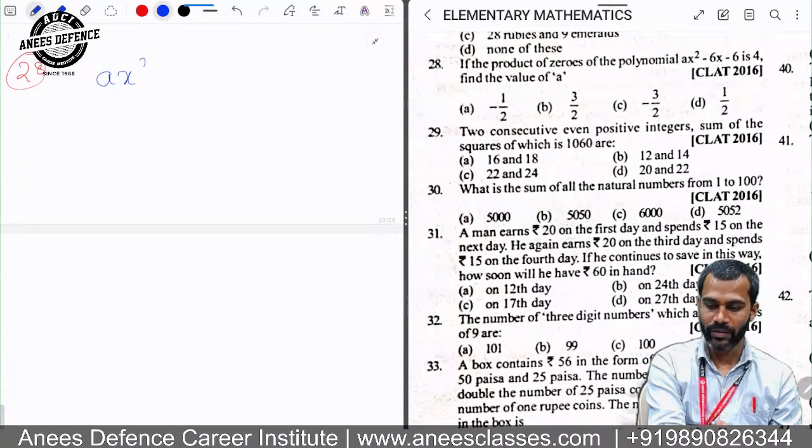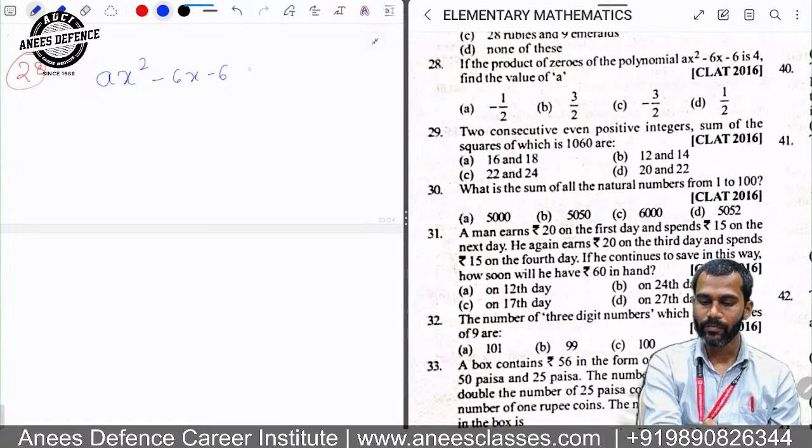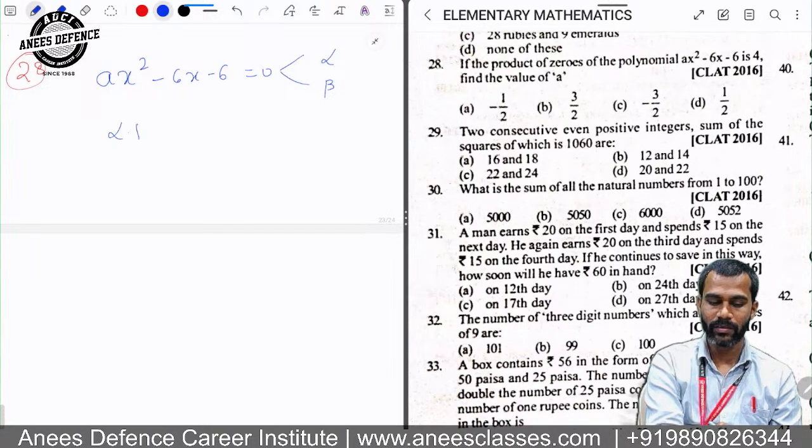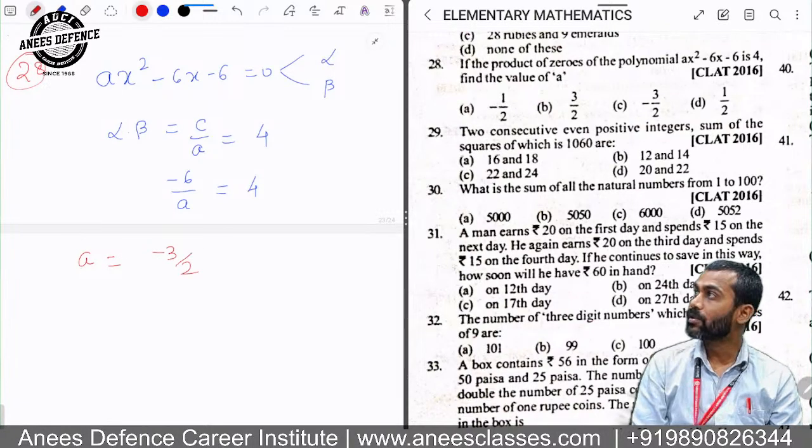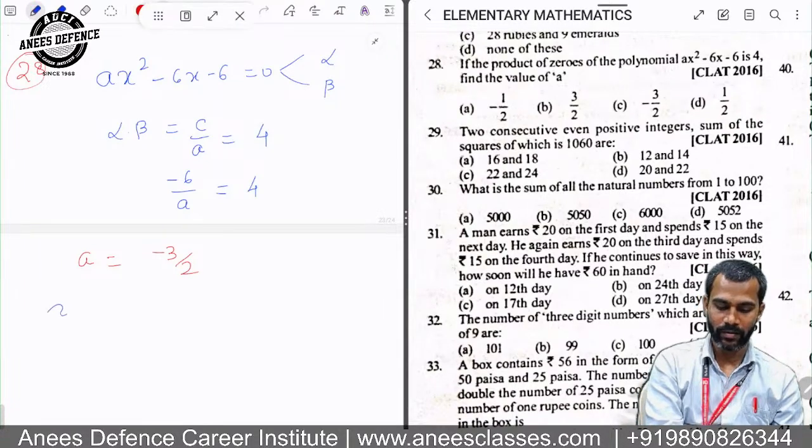So this is a quadratic equation, minus 6, minus 6, is equal to 0. Suppose alpha and beta. Alpha into beta is C by A, which is 4. Yes or no? So what is C here? Minus 6 by A, that is equal to 4. So A is equal to minus 3 by 2. Minus 3 by 2 is the right answer. I hope it is clear.